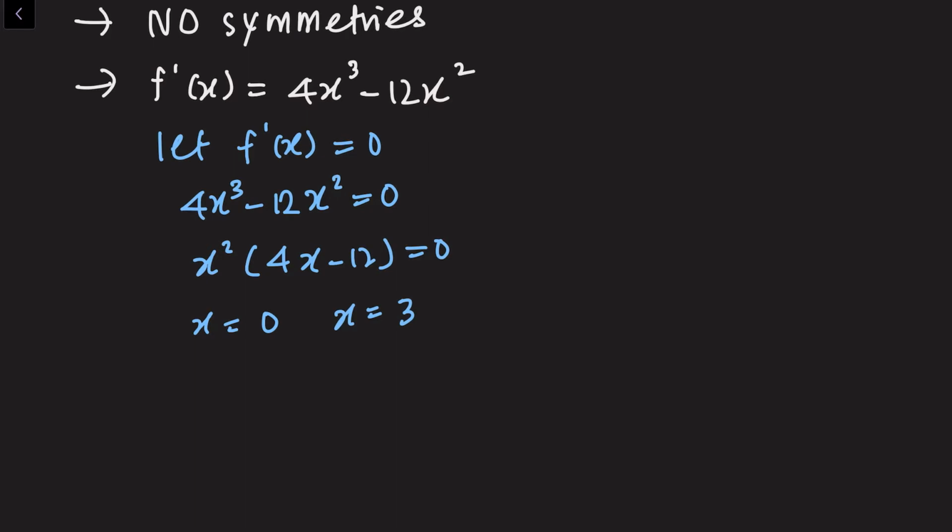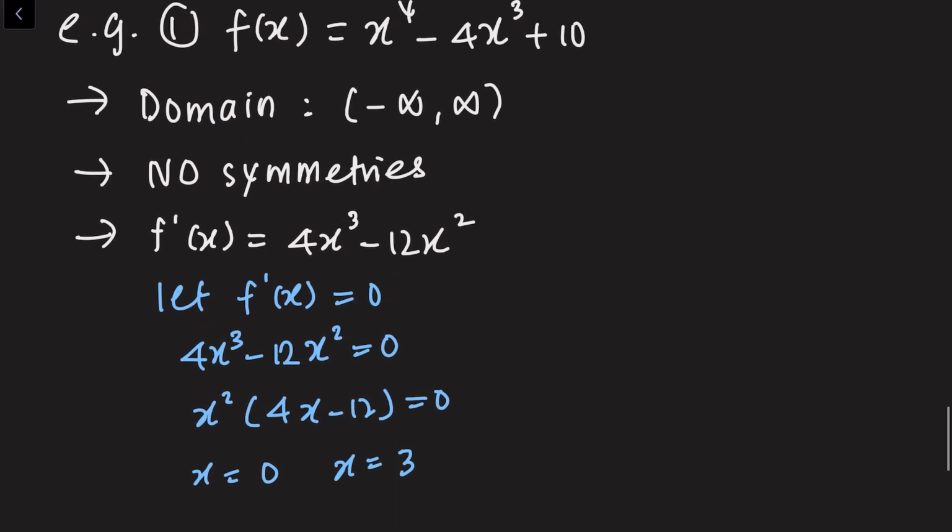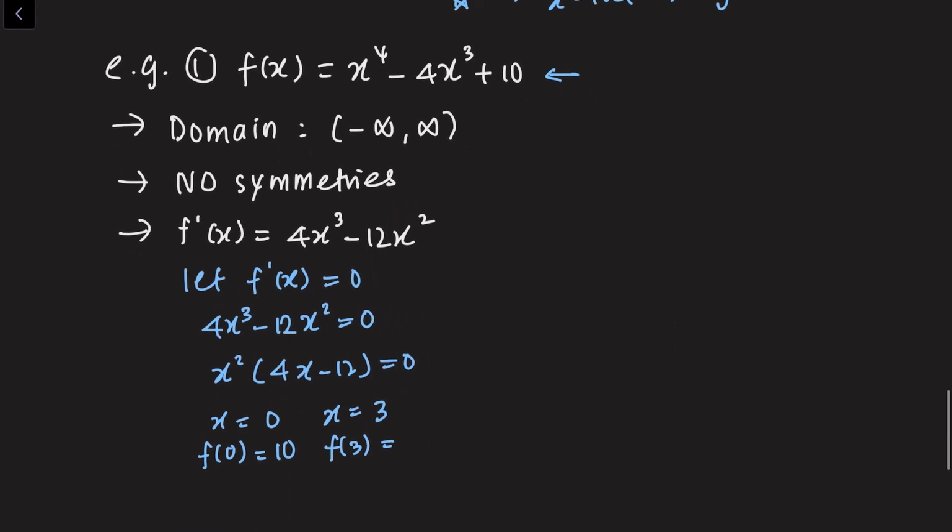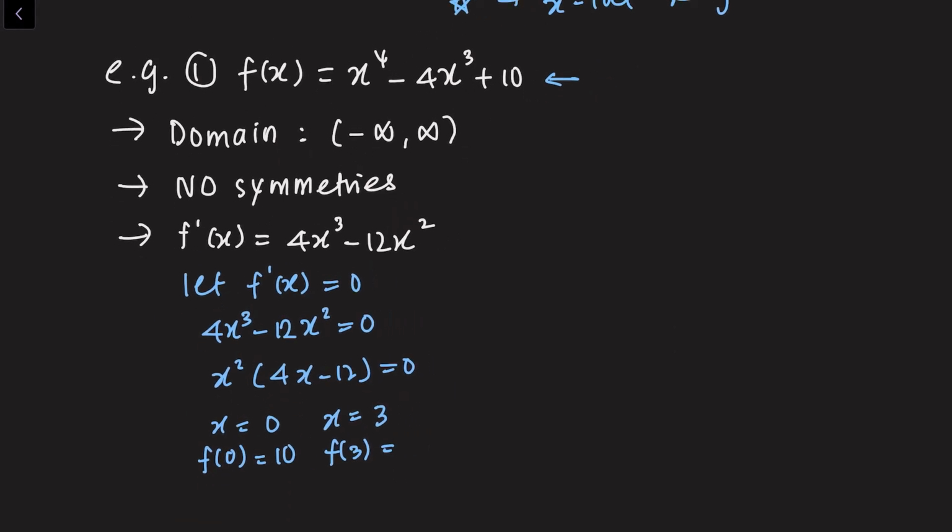Then you substitute back into the function, f of 0 and f of 3. f of 0 will just be 10. f of 3 will be 81 minus 4 times 27, then plus 10.